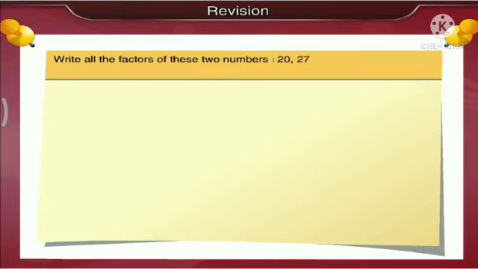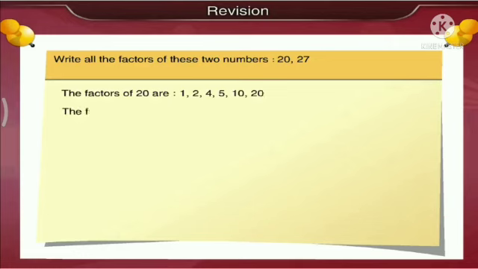Now let's see what you get after finding the factors of 20 and 27. The factors of 20 are 1, 2, 4, 5, 10 and 20 itself.